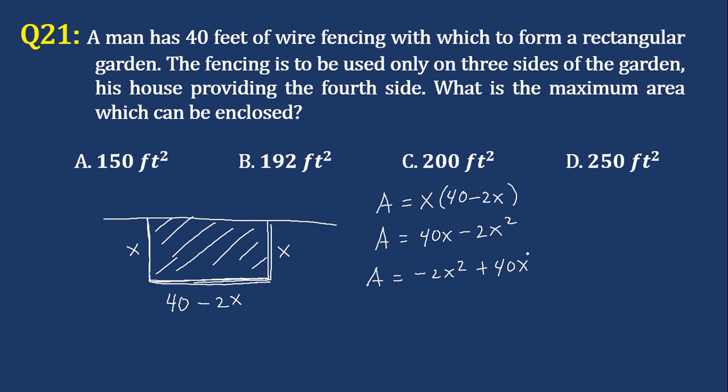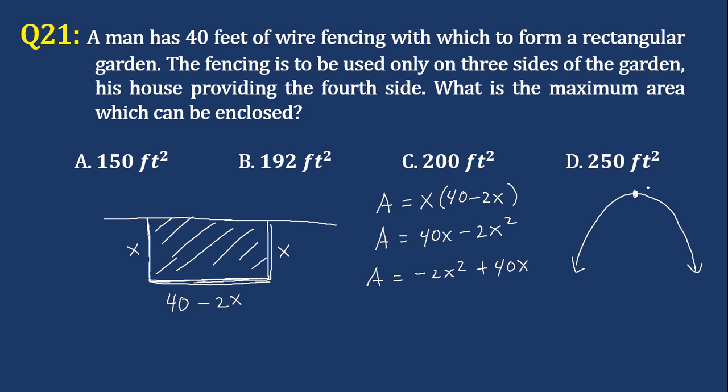Take note, the leading coefficient of the quadratic expression on the right hand side is negative. So if you are going to graph this equation or function, it is a parabola that opens downward. So it really gives you the maximum area. So if you're going to graph this, I will not make a Cartesian plane.